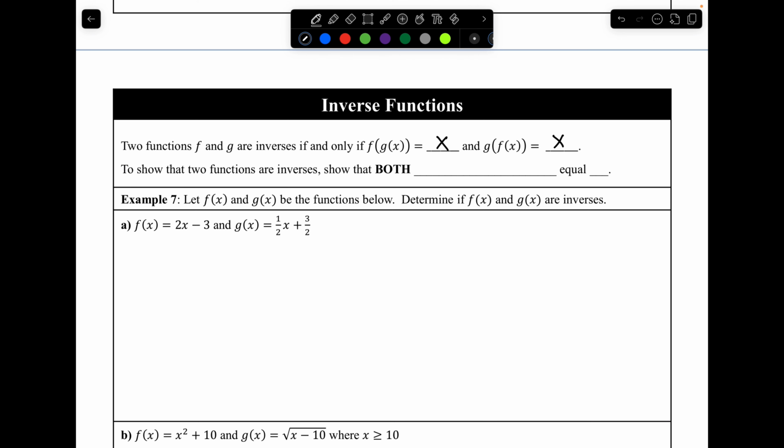So to show that two functions are inverses, you have to show that both f of g of x and g of f of x both equal the value of x.